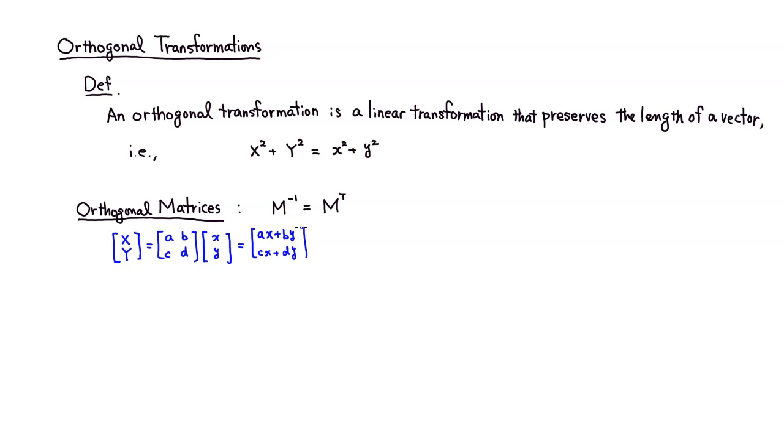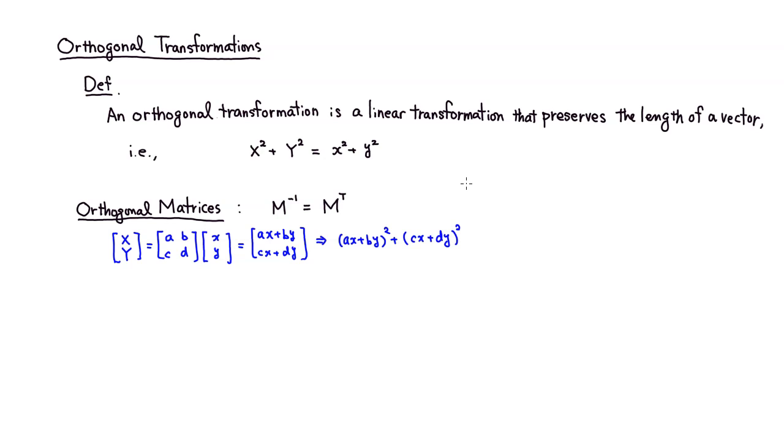So this is capital X and this is capital Y. So plug that into that equation. We're going to get this. So we have capital X is ax plus by, squared, and capital Y is cx plus dy, then square that.